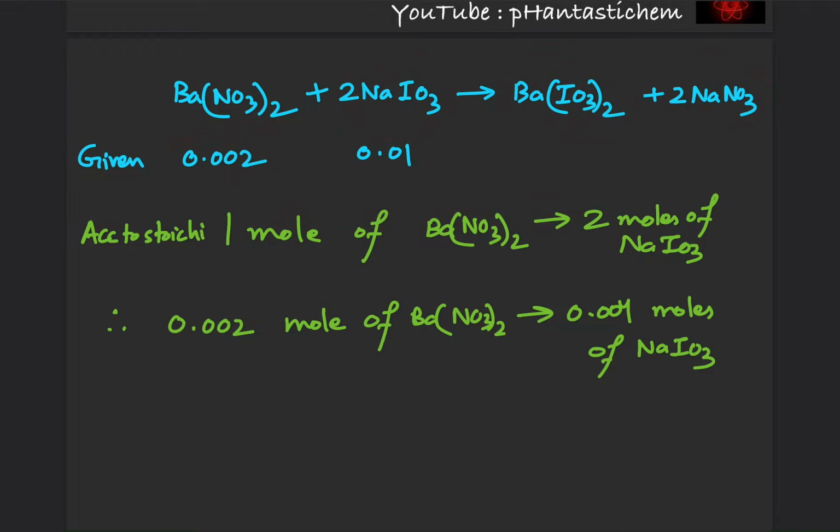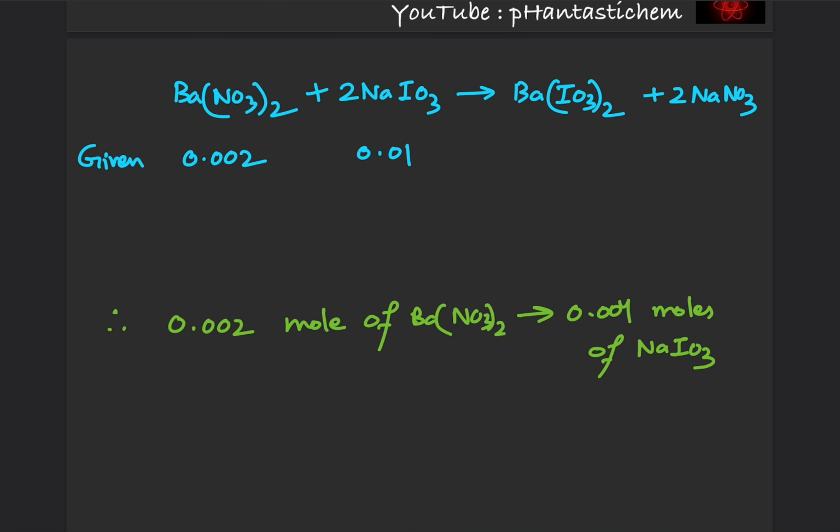Let's write it down. According to stoichiometry, 0.002 would actually need 0.004.